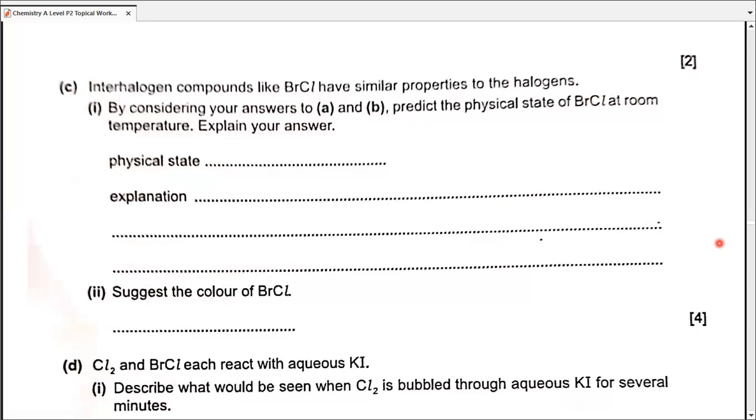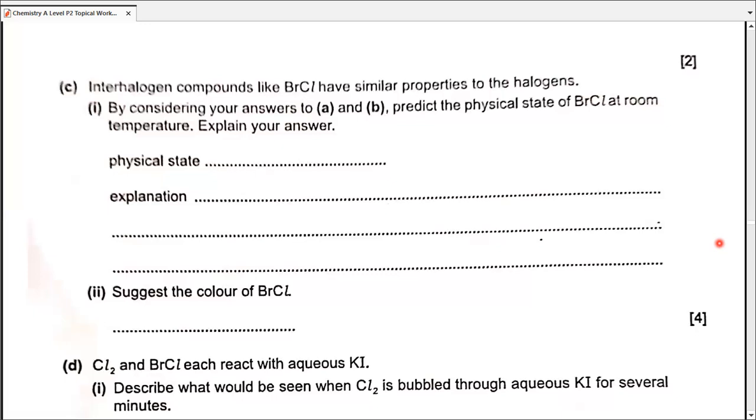Okay. So number two, color. Red brown. Good. Now anything in between red or brown or orange would be fine. Orange, brown, red-brown, yellow-brown would work.